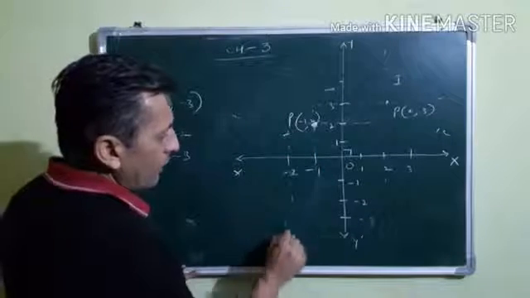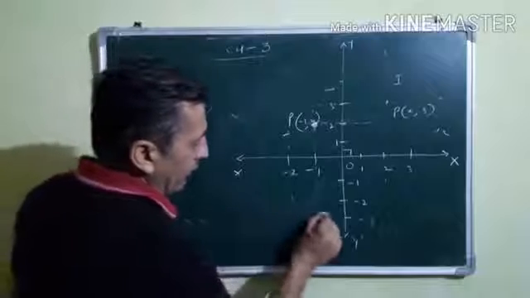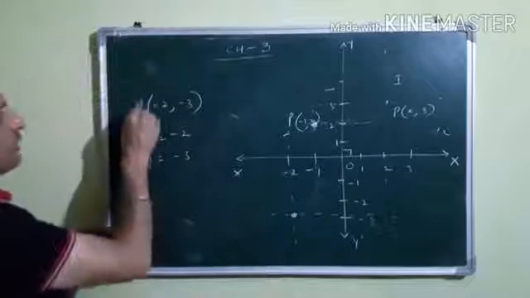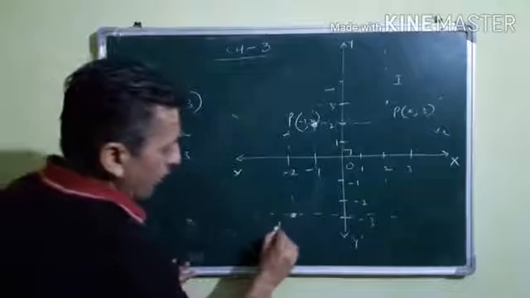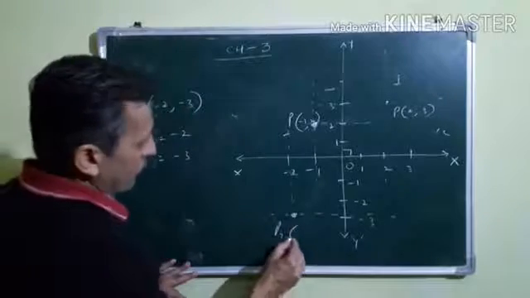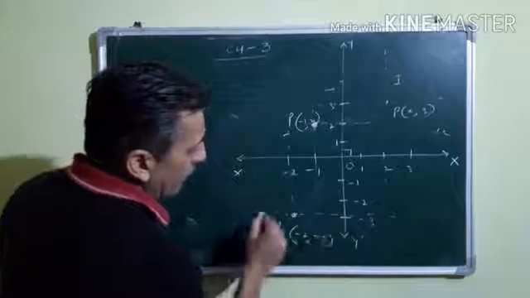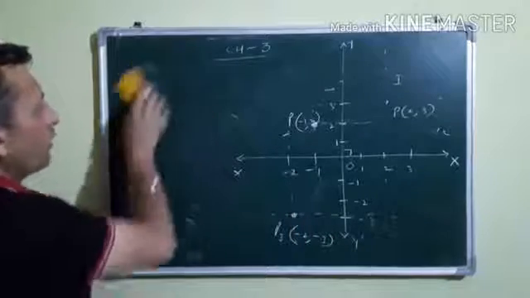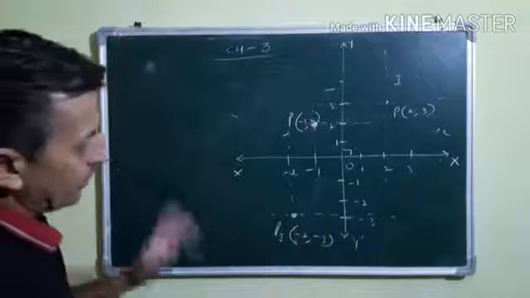Once again you can draw the line like this, and here you can draw the line like this, and this point, suppose its name is P3. So this is your P3, having coordinates minus 2 comma minus 3. In this way you can draw these points at their respective coordinates.